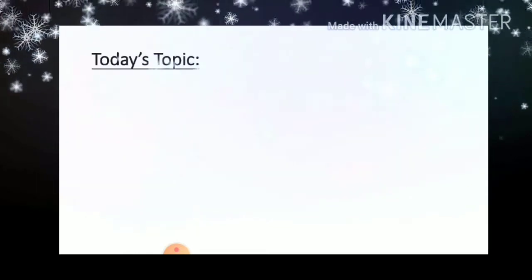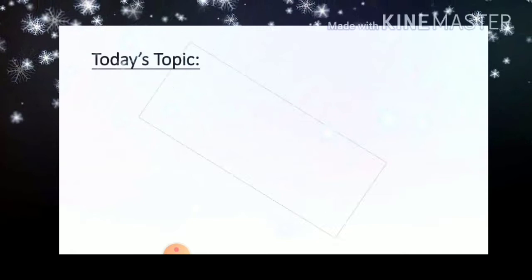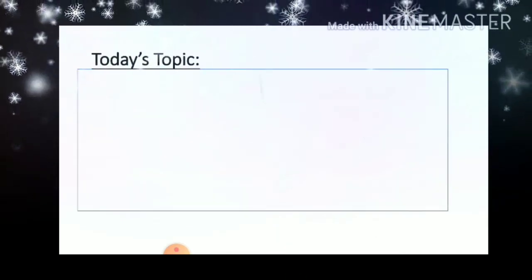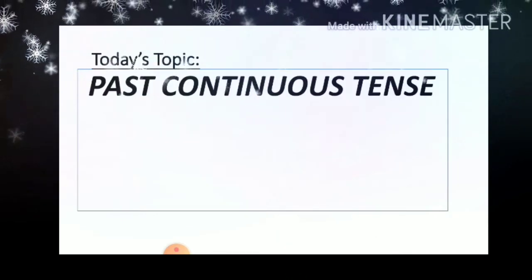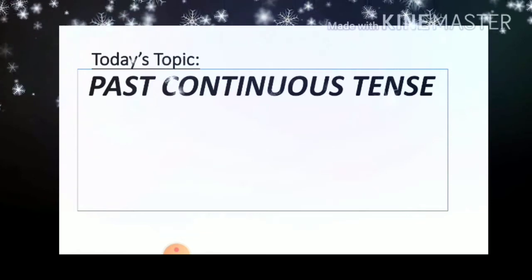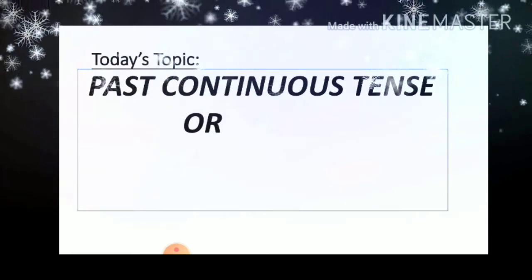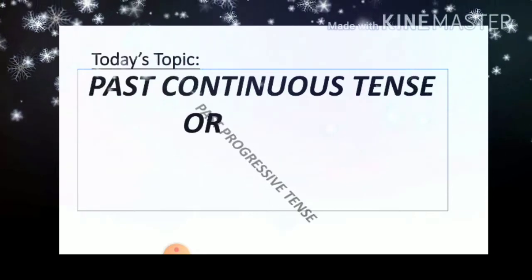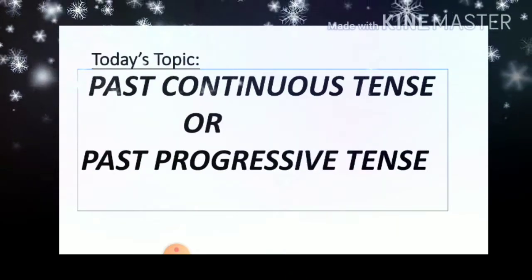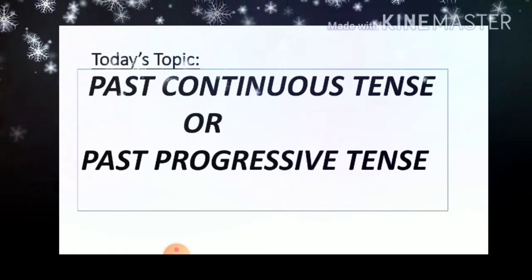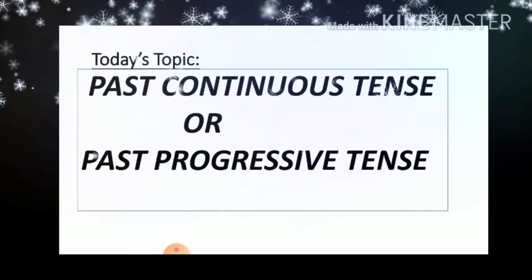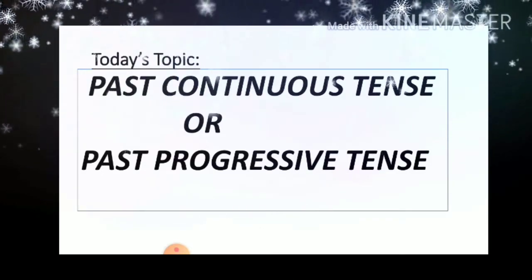Now the second part is the second kind of tense, which belongs to past tense. So it is the past continuous tense. As you know from the present tense, this tense is also known by another name, past progressive tense. Okay, students, so let's start with this tense in today's class.